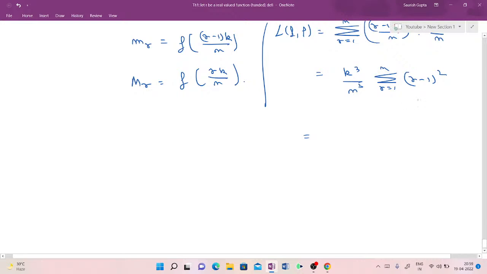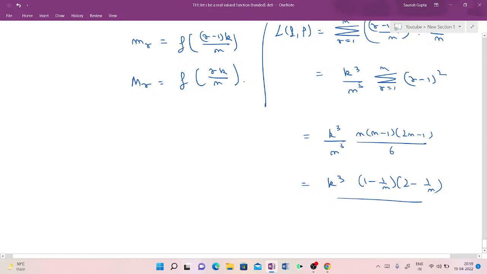If you just expand this summation, you will find out that this thing basically equals the formula n times n minus 1 times 2n minus 1 by 6. Clear? And this can be written as k cube times (1 minus 1 upon n) times (2 minus 1 upon n) upon 6, right?